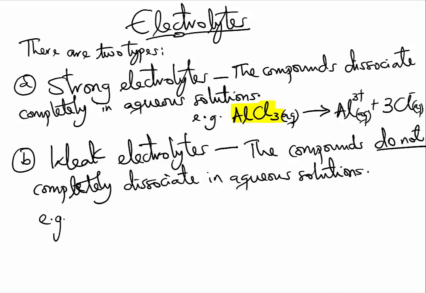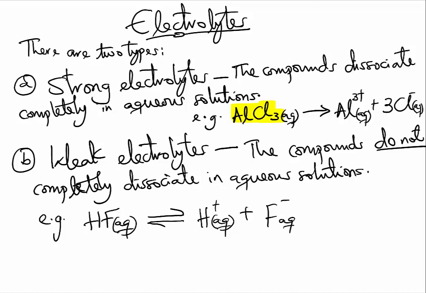Example is hydrofluoric acid. If you dissolve this in water, it will not dissociate completely. It will give you some ions, but not all the compounds will get completely converted into the ions. And one way you can easily tell is the presence of the reversible sign.